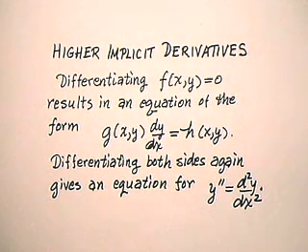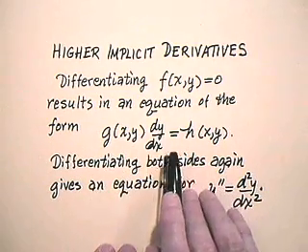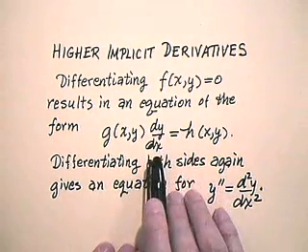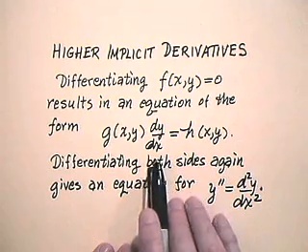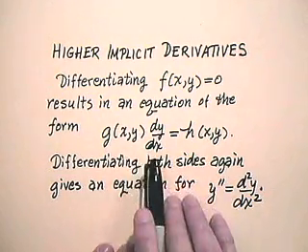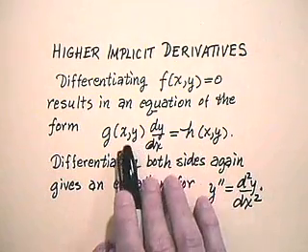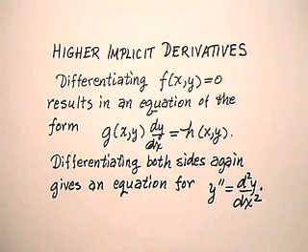We can just keep differentiating the equation and get ever higher derivatives of y with respect to x expressed implicitly in terms of x, y, and all the lower derivatives, which once we've already got the lower derivatives expressed in terms of x and y, we put those expressions in, and everything's in terms of x and y alone.